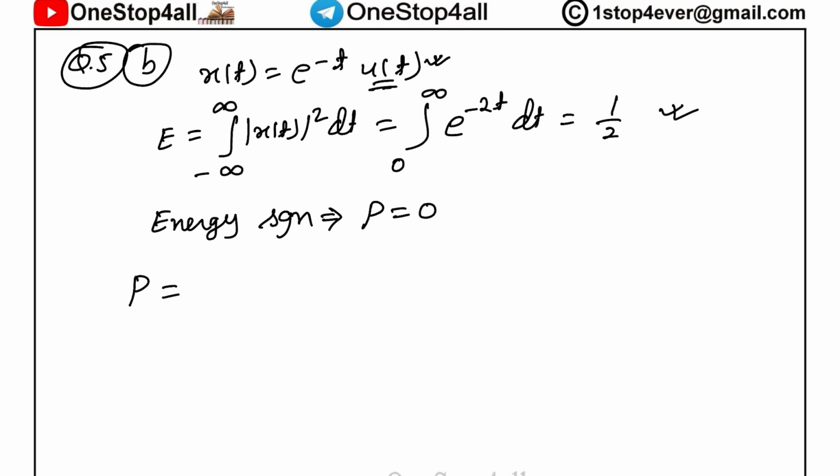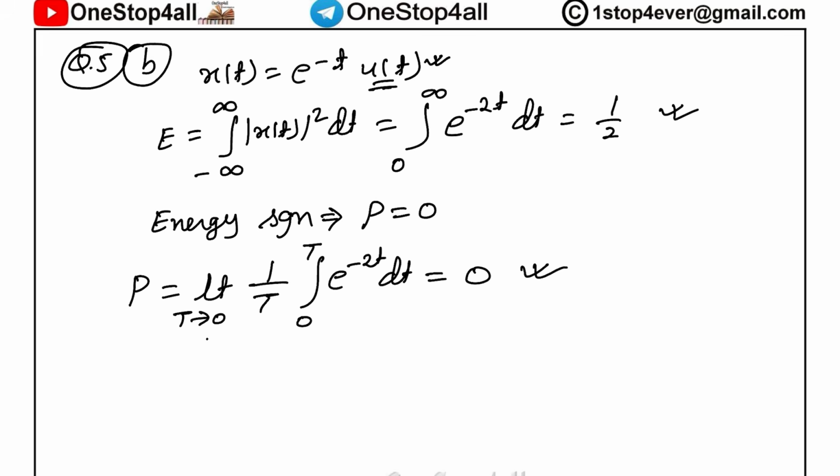For a non-periodic signal, the power is calculated as limit T tends to infinity, 1 by T integration over 0 to T of mod x of t square into dt. So, it will be e to the power minus 2t into dt. As there is a limit, we will solve this one, and this will come as 0. So, this is your energy and the power of the 5B.